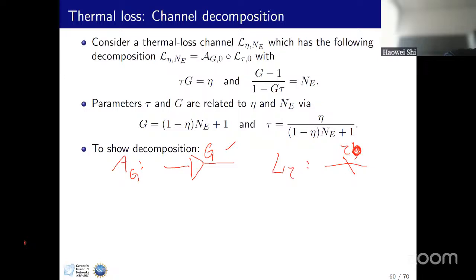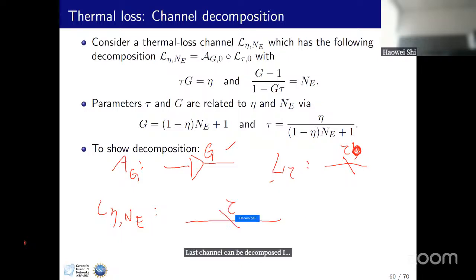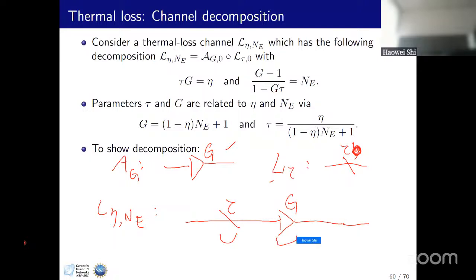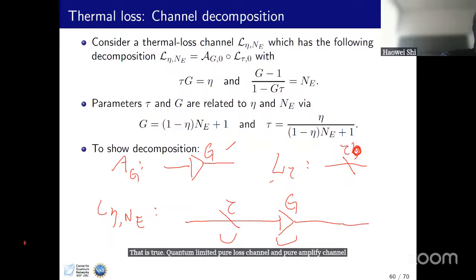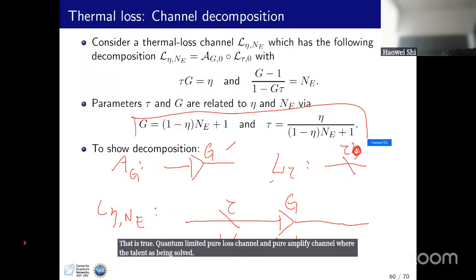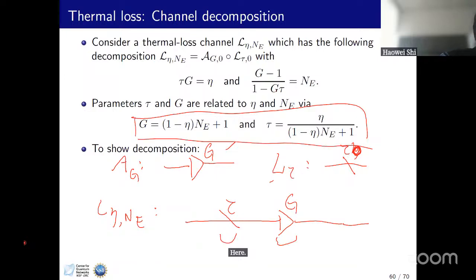So overall, we can see a thermal loss channel can be decomposed into these two quantum-limited channels, a pure loss channel and a pure amplifier channel, where tau and G have been solved here. We can see that G increases if the thermal photon number NE increases, and tau is proportional to the transmissivity eta, as we expected.